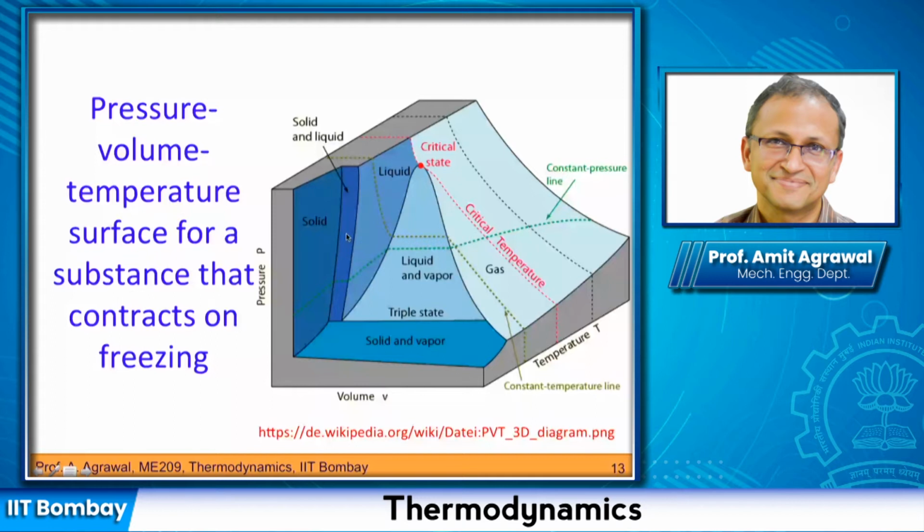And then we saw the sublimation line, which means that the solid can directly change into vapor, and vice versa, without going to the liquid phase. And of course, there will be an intermediate region, which is the solid-vapor region. So these are the various regions that you see.